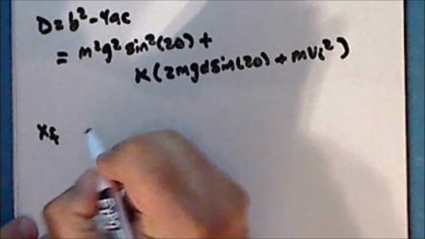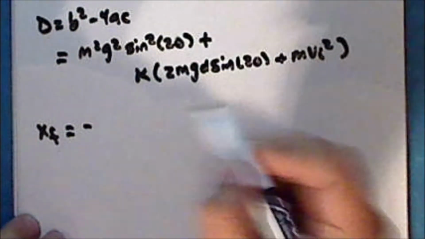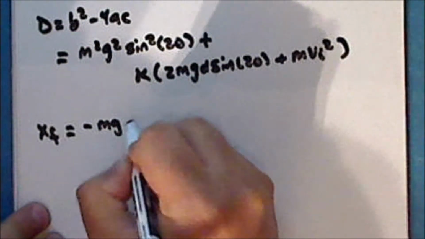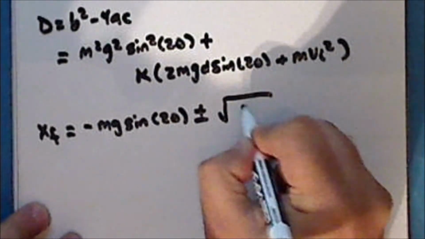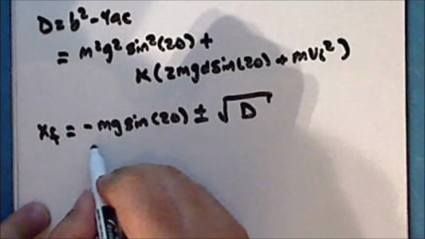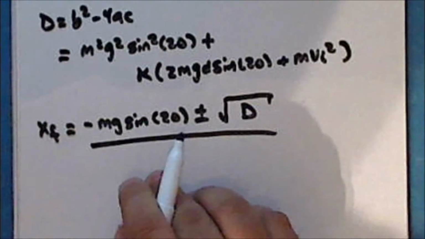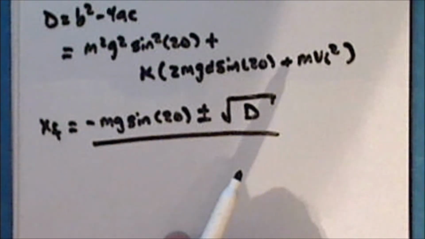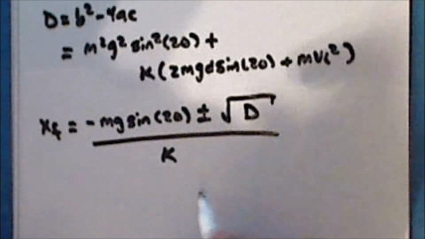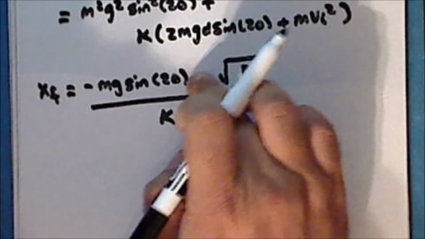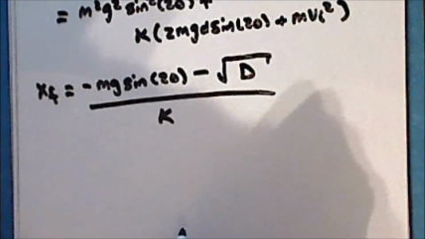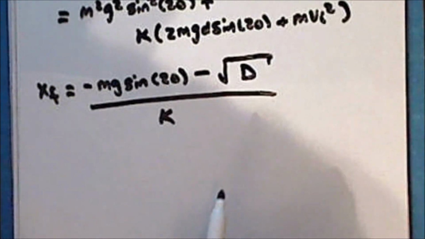And so the final position is the negative of mg sine of 20 plus or minus the square root of the determinant, all of which is divided by 2 times the coefficient of the square, which is k. Now we want the negative value, and so we choose the negative or minus the square root of the determinant.